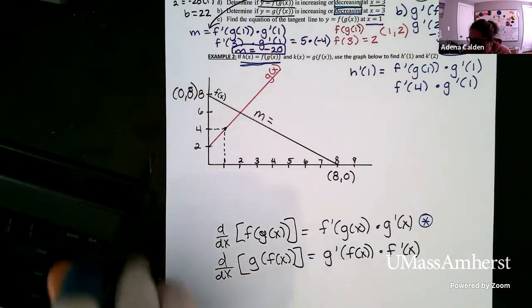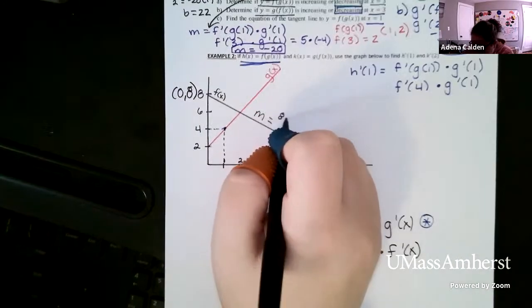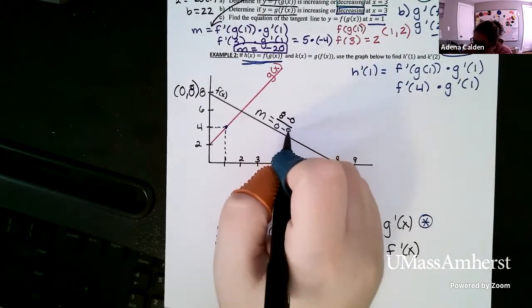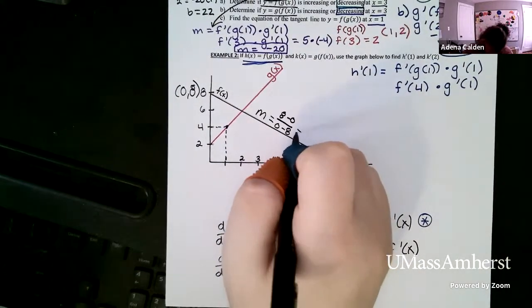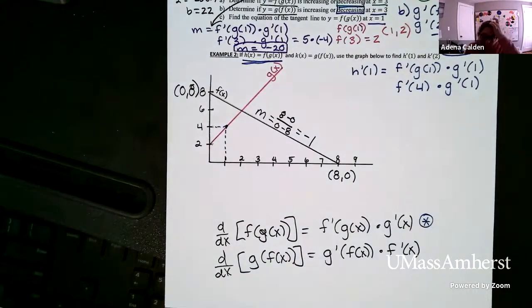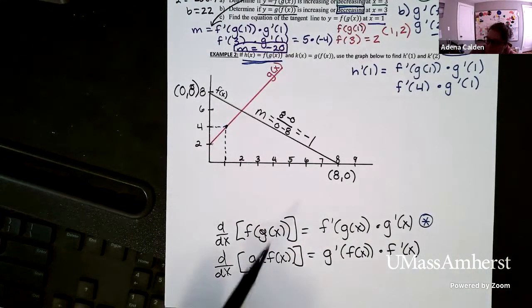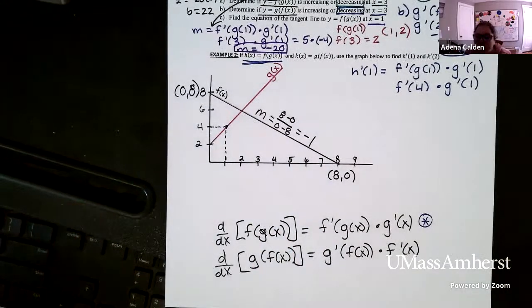So the change in y is 8 minus 0 divided by 0 minus 8. So we end up with 8 over negative 8. So the slope of my line is negative 1, which means that the derivative at any point is going to be negative 1 because my function is linear.